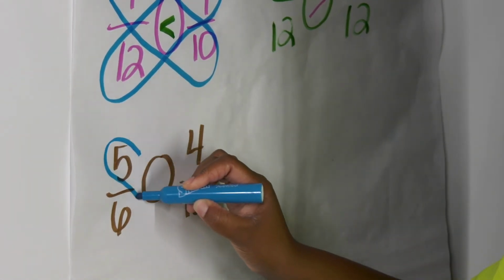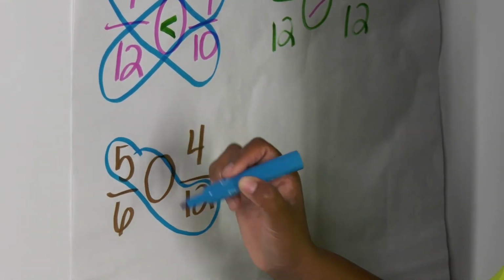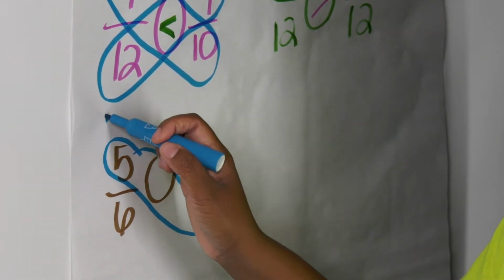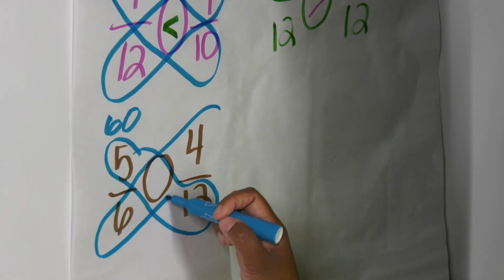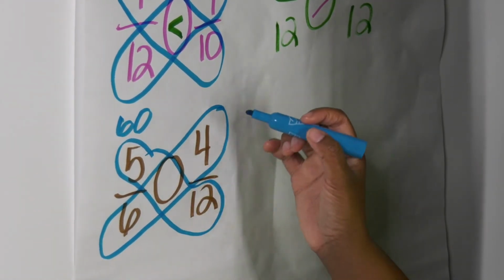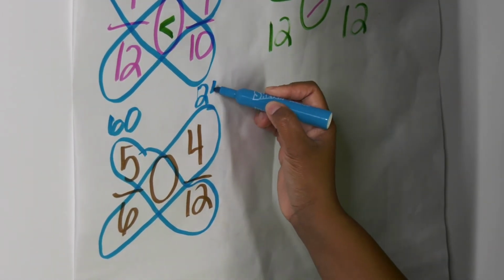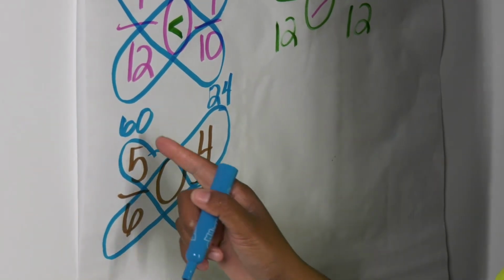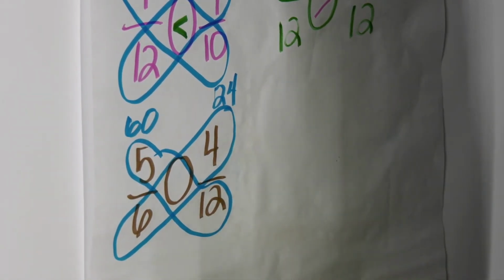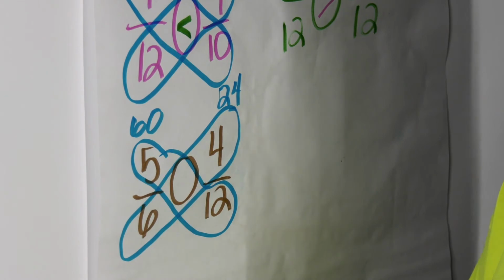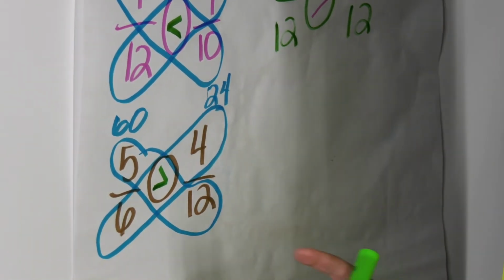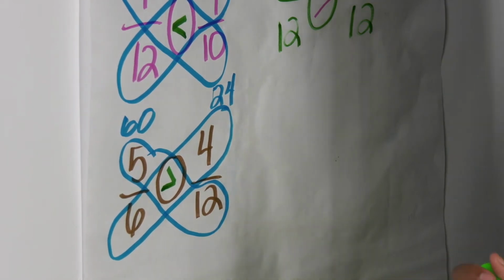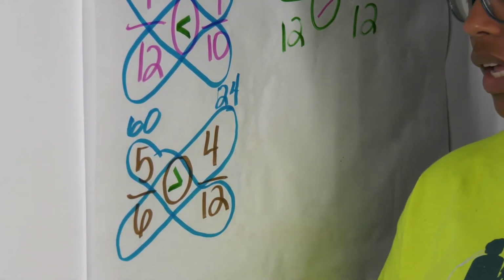So we're going to make our first wing here, 5 times 12, which is 60. And our second wing, 4 times 6, which is 24. And compare. 60 is what compared to 24? 60 is greater than 24. So we'll put our greater than symbol there. Okay.